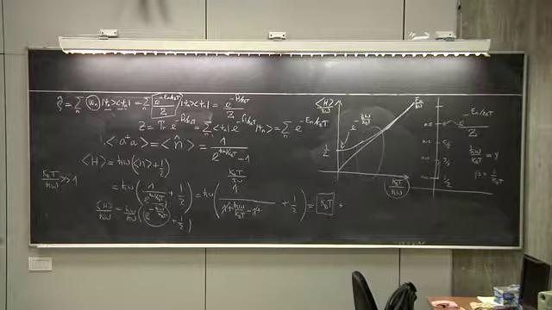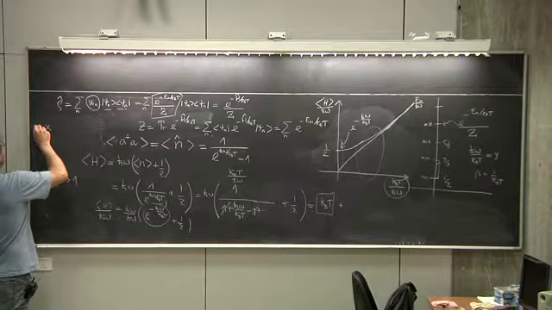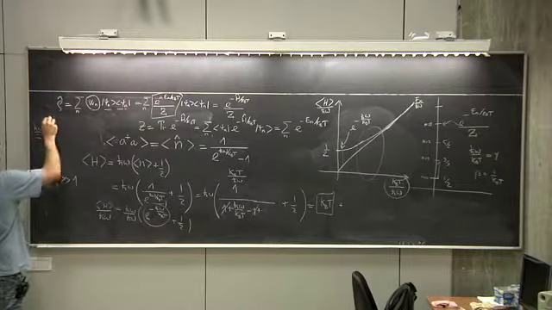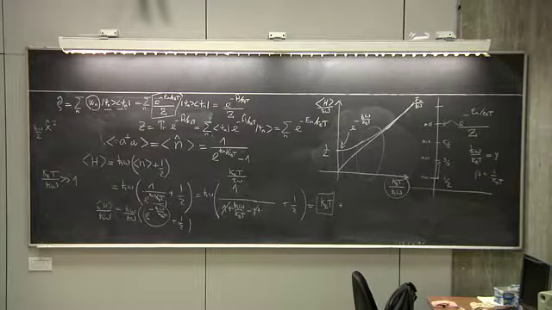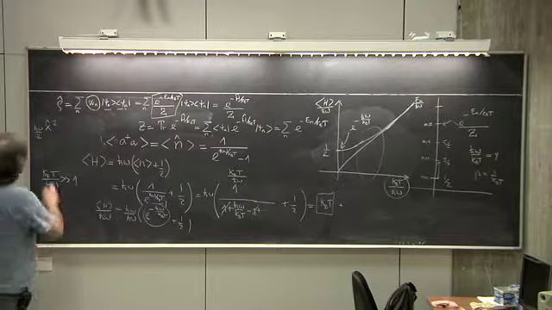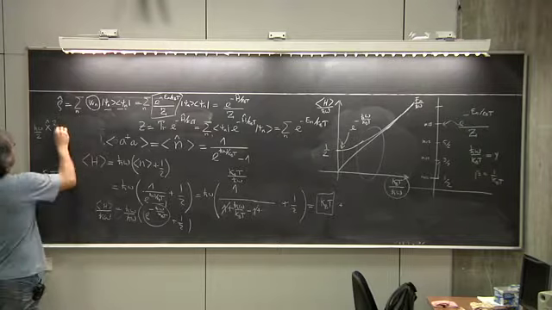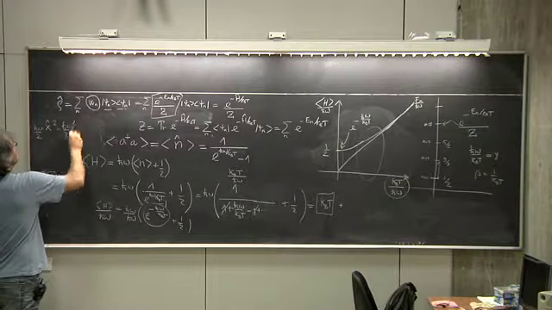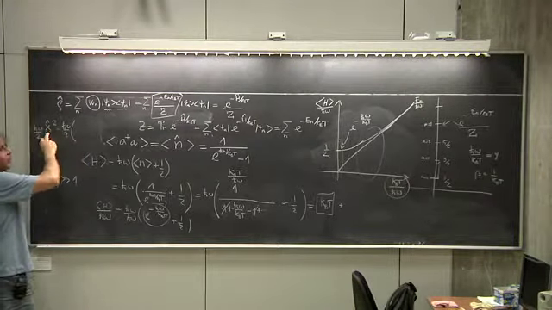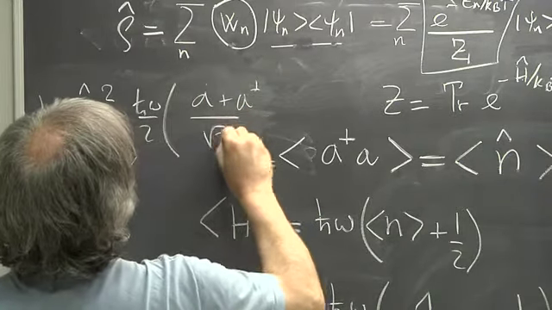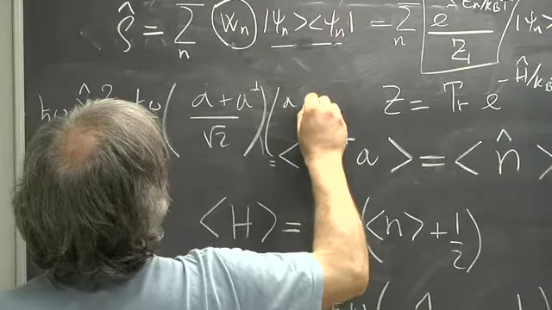You could calculate other things, but this is the essential object. For instance, suppose that I want the average potential energy, okay? So x squared times h bar omega over 2. This is the potential energy operator. Then you should expand this in A and A dagger. And you know that this is equal to h bar omega over 2, then x is 1 over square root of 2 times A plus A dagger. Okay? You know this very well, right?